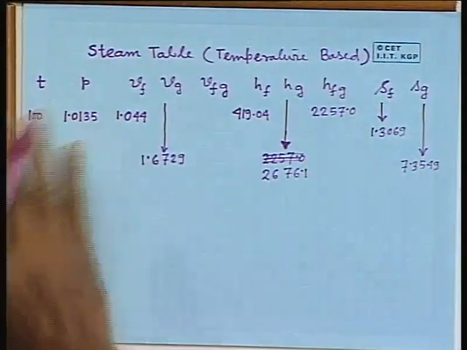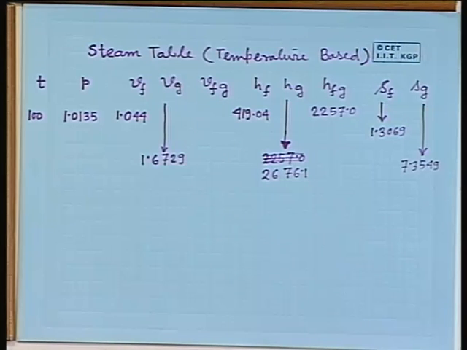So, this is the first part of the steam table, where we have property data for the saturated state of the fluid, for saturated liquid and saturated vapor.